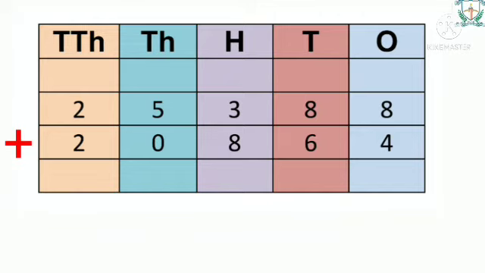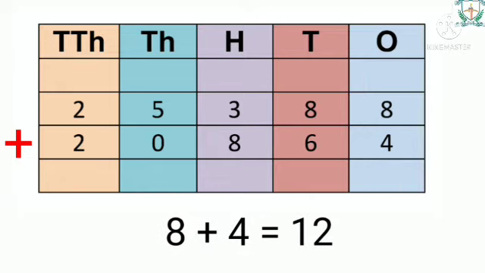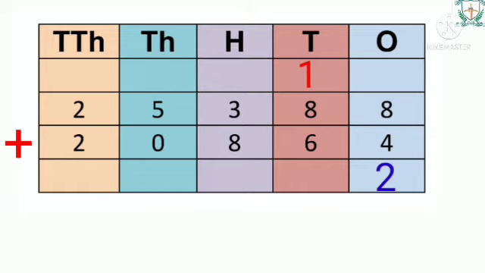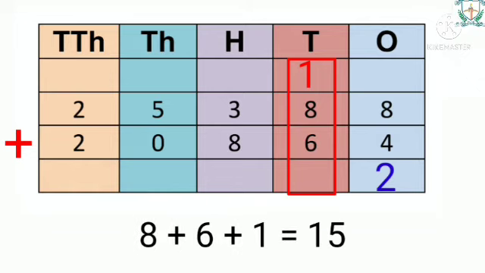Let us begin the addition from ones place digits. That is, 8 plus 4 is equal to 12. Write 2 in ones place and carry forward 1 to the tens place. Now, add the digits in tens place. That is, 8 plus 6 plus 1, which is equal to 15.